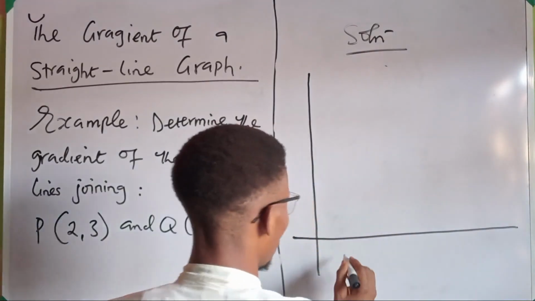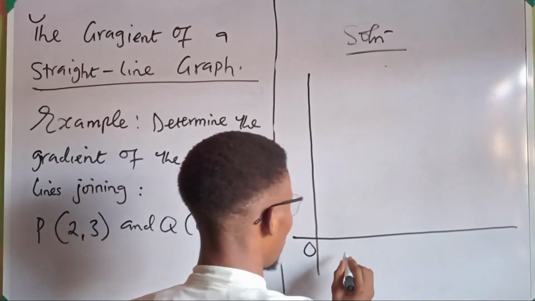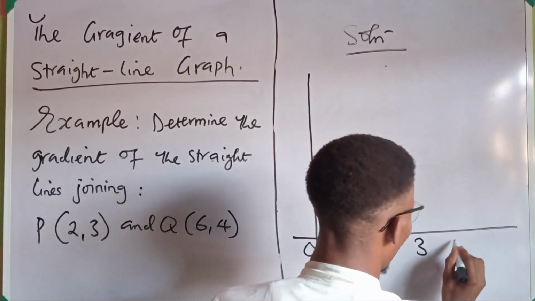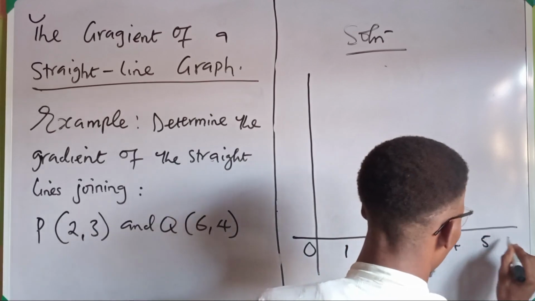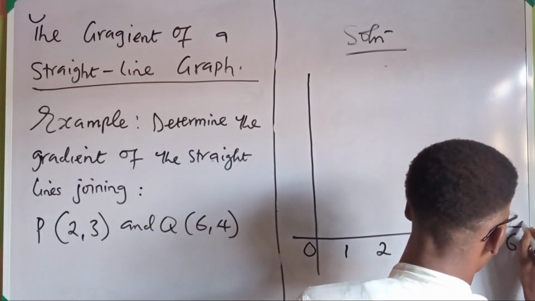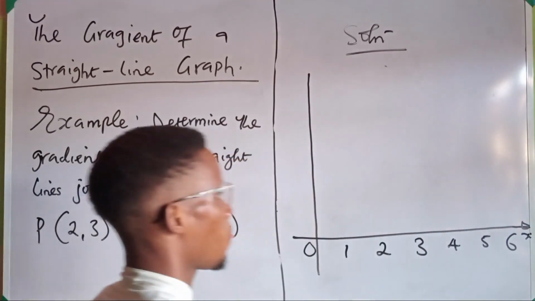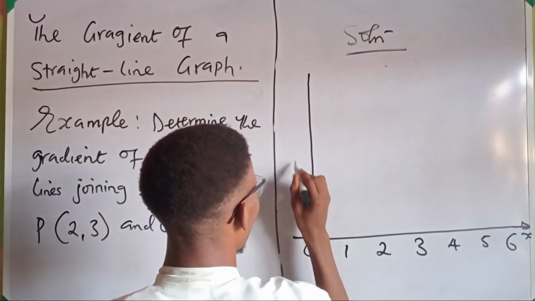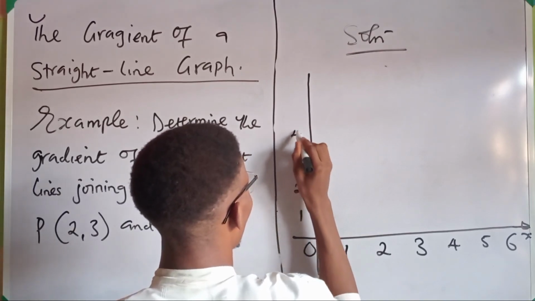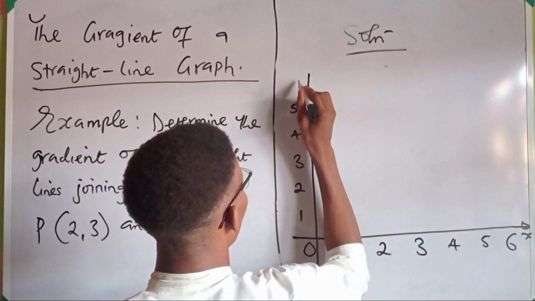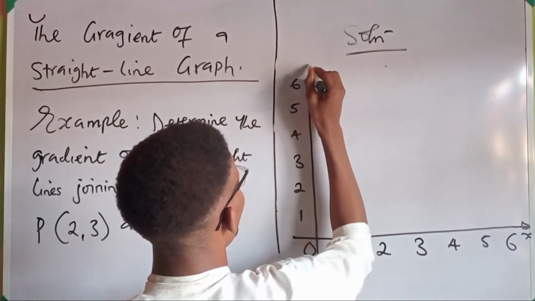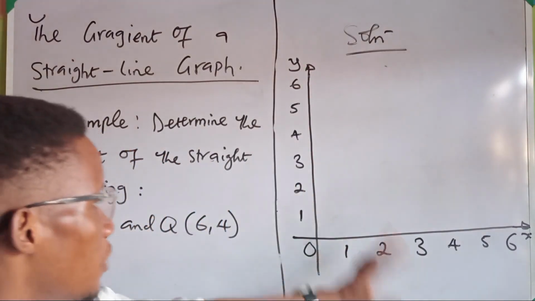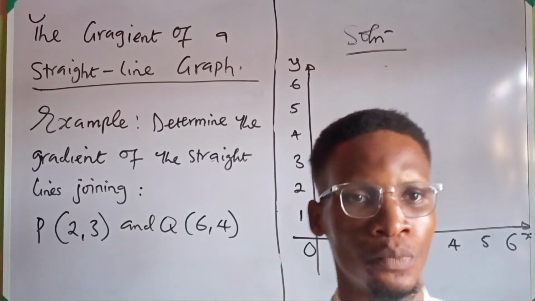Let's say I choose this to be 0. Here we have 1, 2, 3, 4, 5, 6, and this is the X axis. Here we choose 1, 2, 3, 4, 5, 6, and this is the Y axis. That's how you start your graph.